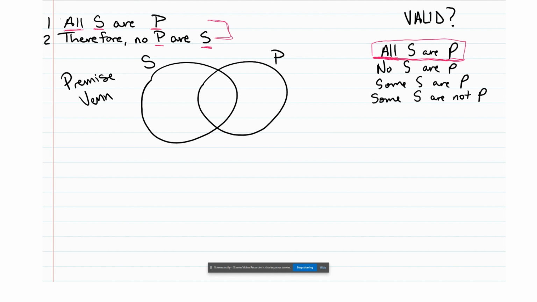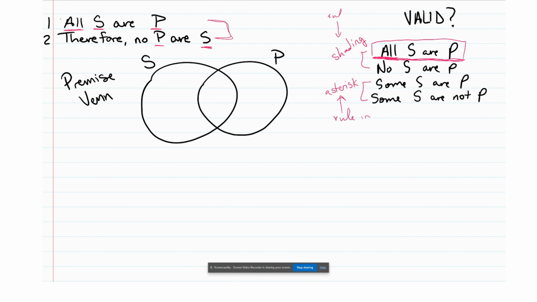All right. So what do we do with the categorical form all S are P? Remember, all and no involve shading. So all and no are things where we are shading or removing possibilities. And some involves asterisks. The some and the some not involve asterisks. And that's where we're ruling in a possibility. So asterisks rule in a possibility.